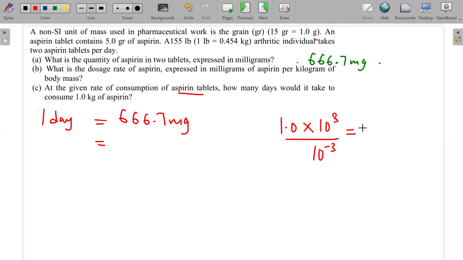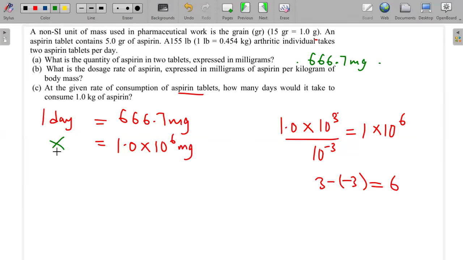Because I'm dividing, minus minus 3 gives 6. So it's 1.0 times 10 to the power 6 milligrams.